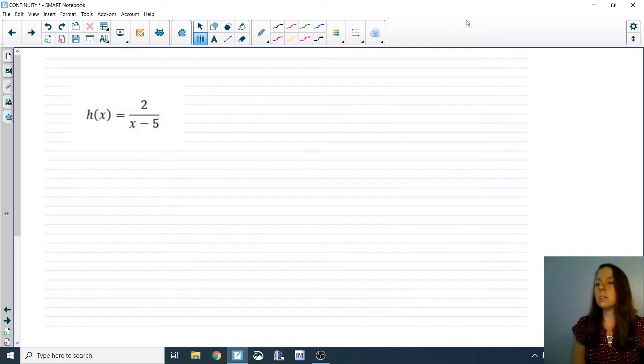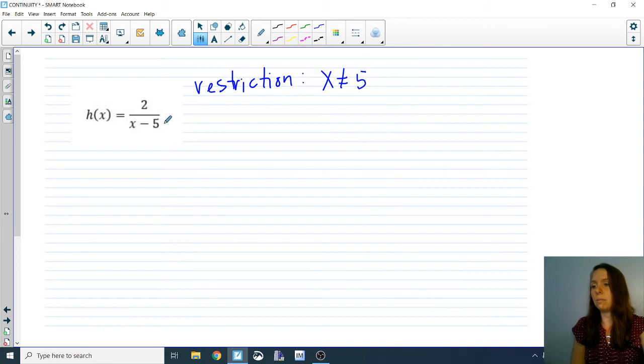So what I would start doing here is I would say, what are the restrictions? What is x not allowed to equal? We have one restriction here, and it is x cannot equal 5, right? 5 minus 5 gives us 0.